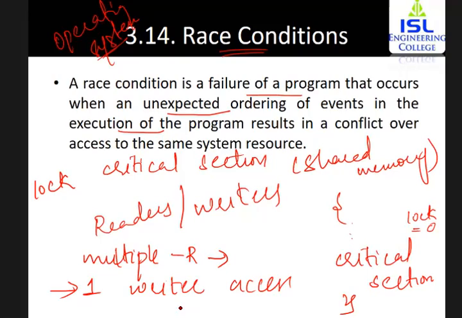If multiple writers at a time enter the critical section, or multiple readers and writers enter the critical section, what happens? It is going to have uncertainties within the data, because multiple people are reading the data and multiple people are making changes within the data. That again is going to have an error within the software that you're running.